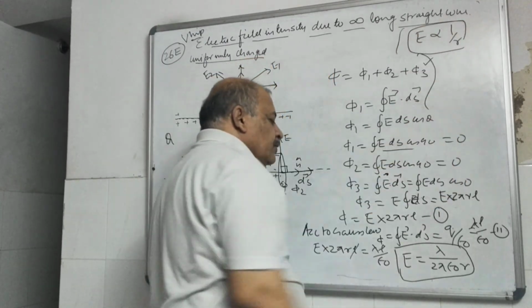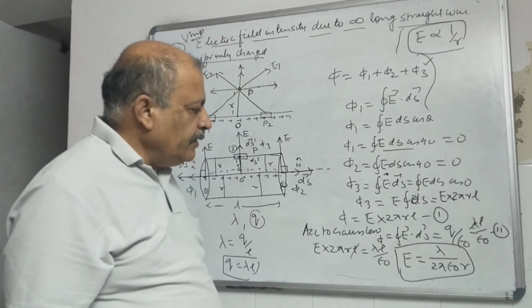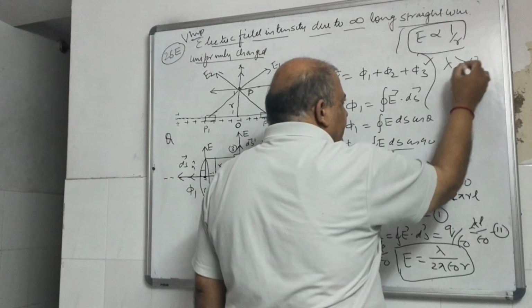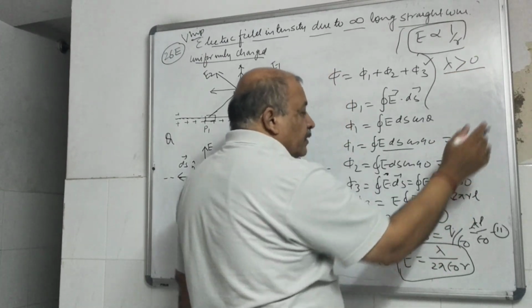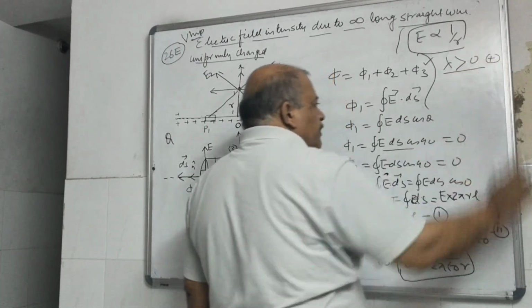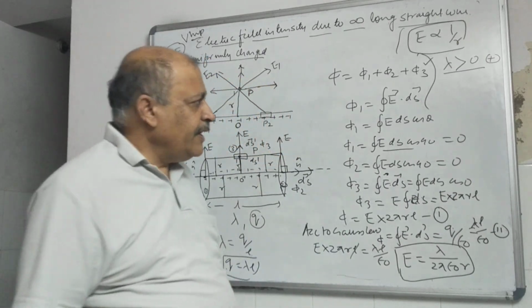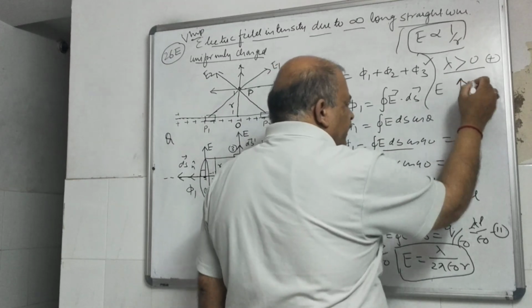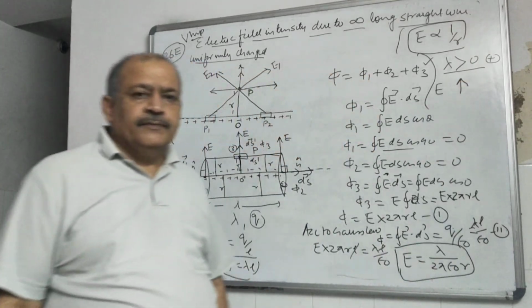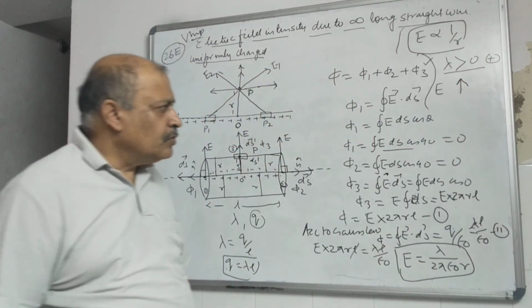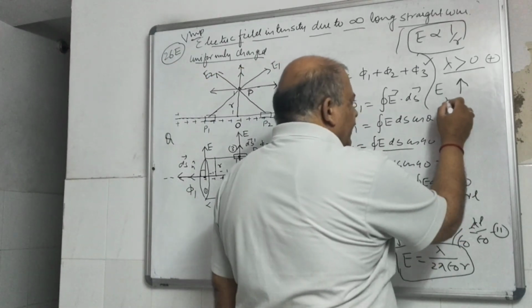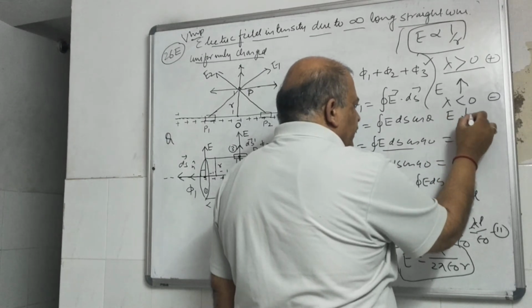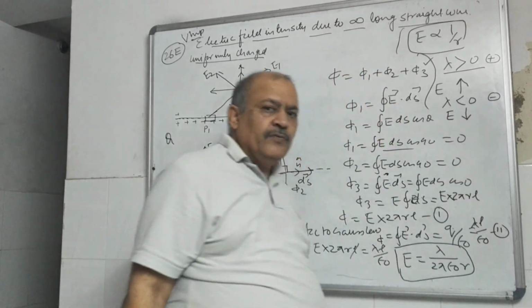And remember, if lambda is greater than 0, means it's positive, in this case electric field intensity will be radially outward. If I say lambda is less than 0, negative, electric field intensity will be radially inward.